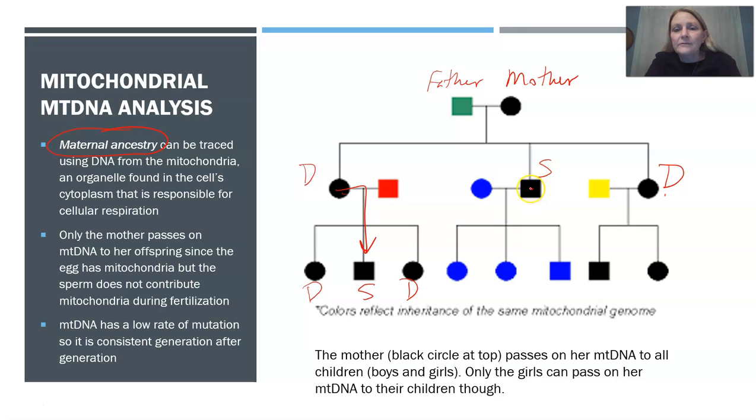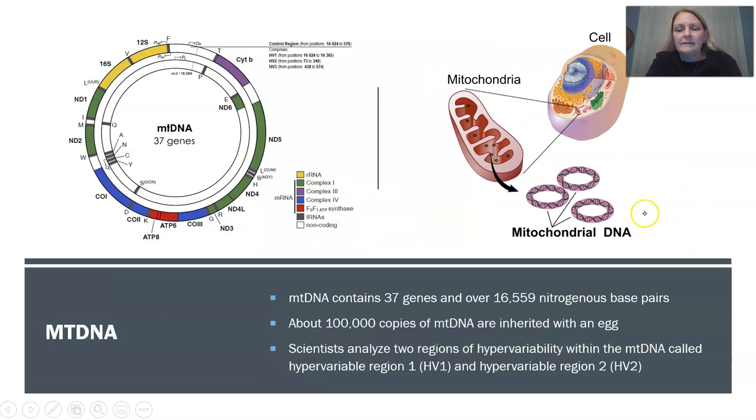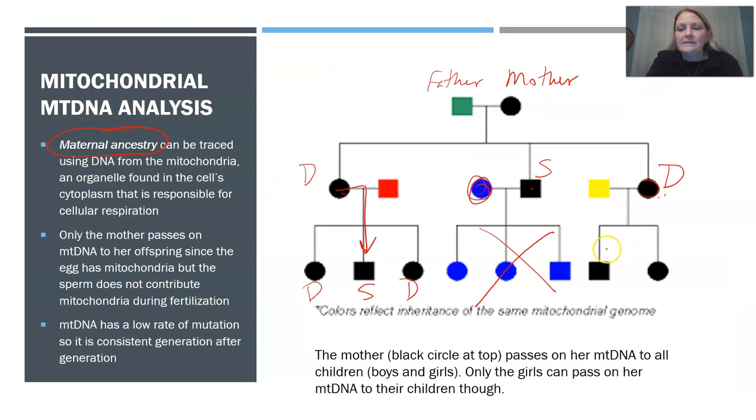Because it only comes from the mother. So the mitochondrial DNA for this guy's wife gets passed on to their kids, not anything from this mother up here. But this daughter has the mom's mitochondrial DNA and passes it on to this son and this daughter.